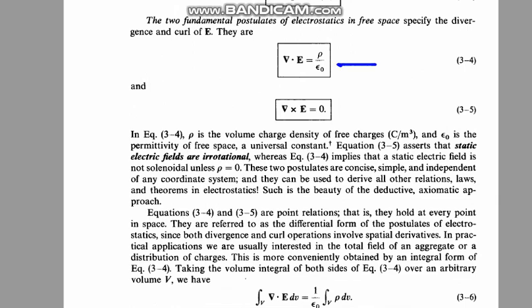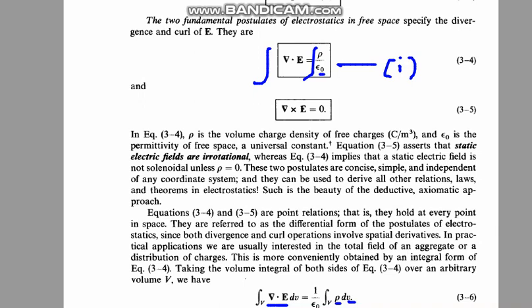The first equation, equation number 1: if we want to find Gauss's law through it, first of all we have to take the volume integral on both sides. The integral of del dot E dV and of rho divided by epsilon naught dV.